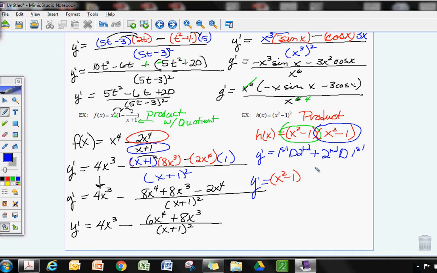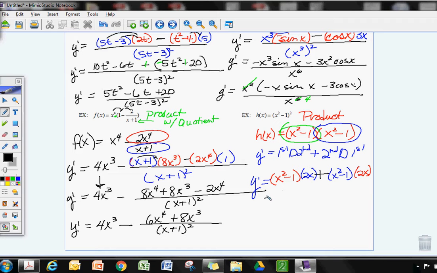Derivative of the second is going to be 2x. Added on to the second, that is x squared minus 1 times the derivative of the first, which happens to be 2x. So notice, low d high, this was first derivative of second plus second derivative of first.